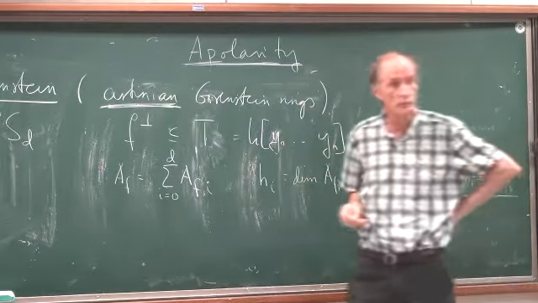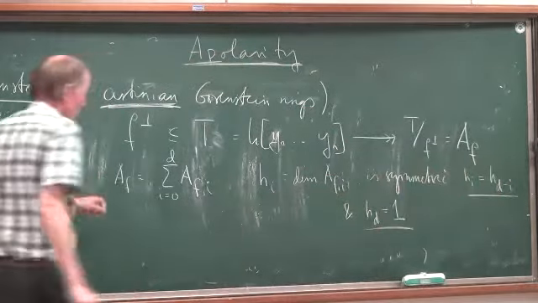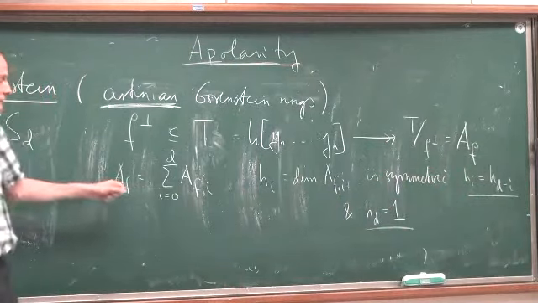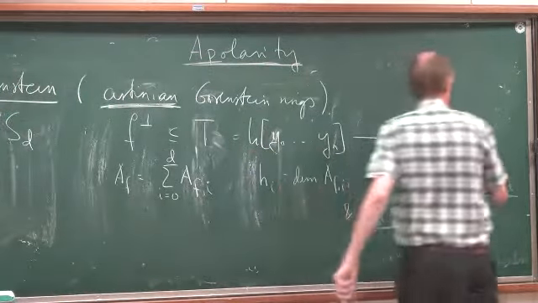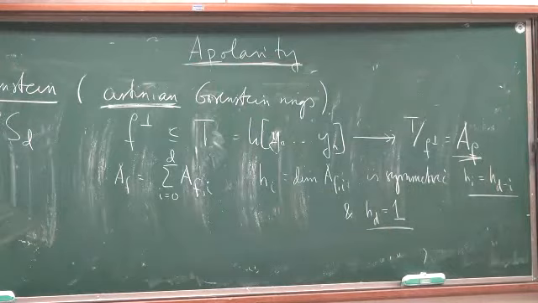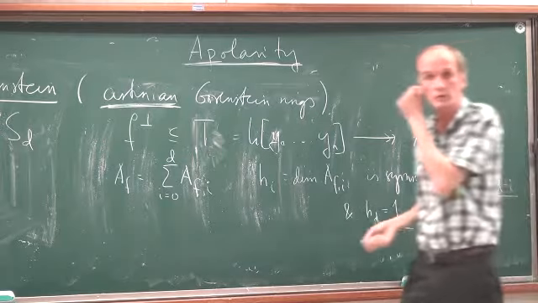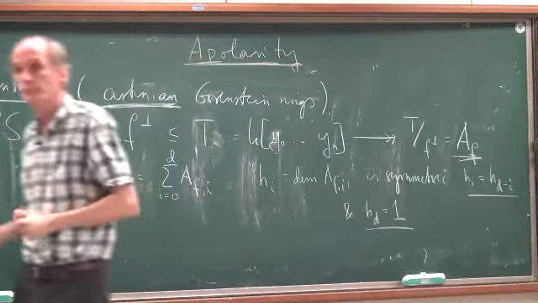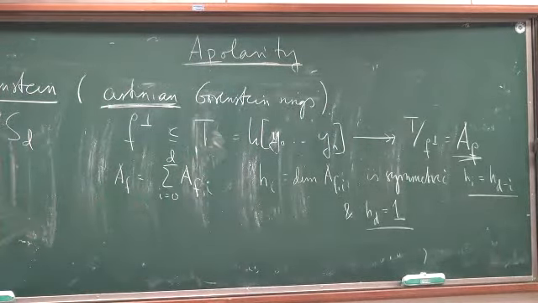Every Artinian graded Gorenstein ring is of this kind, and it defines the polynomial uniquely up to scalar. So whenever you see an Artinian Gorenstein ring which is graded, there is a polynomial somewhere.